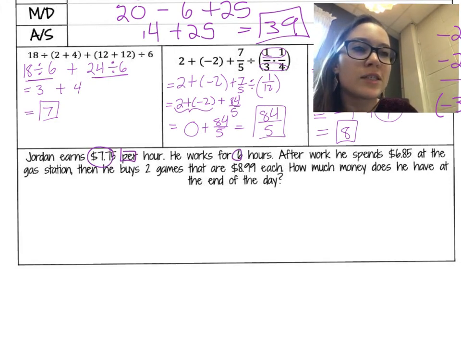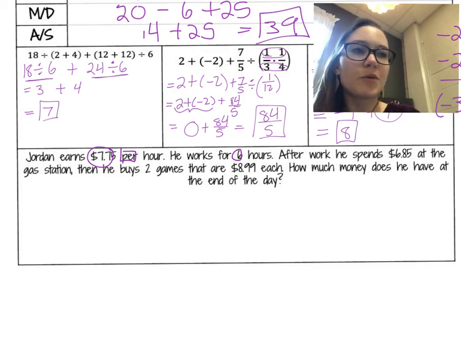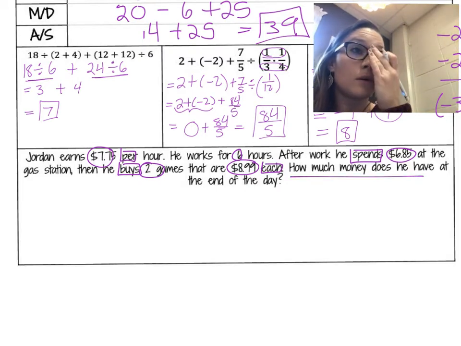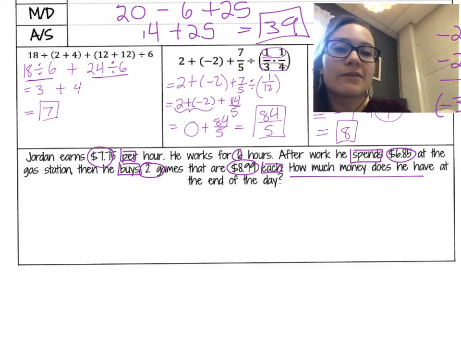He works for 6 hours. After work, he spends $6.85 at the gas station. Then he buys 2 games that are $8.99 each. How much money does he have at the end of the day? Okay, let's start with our $7.75.